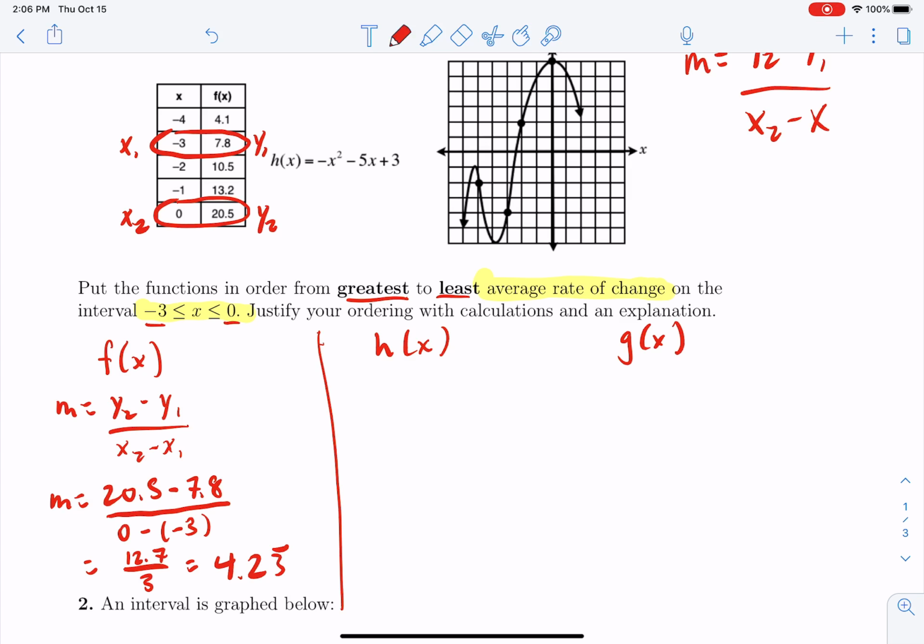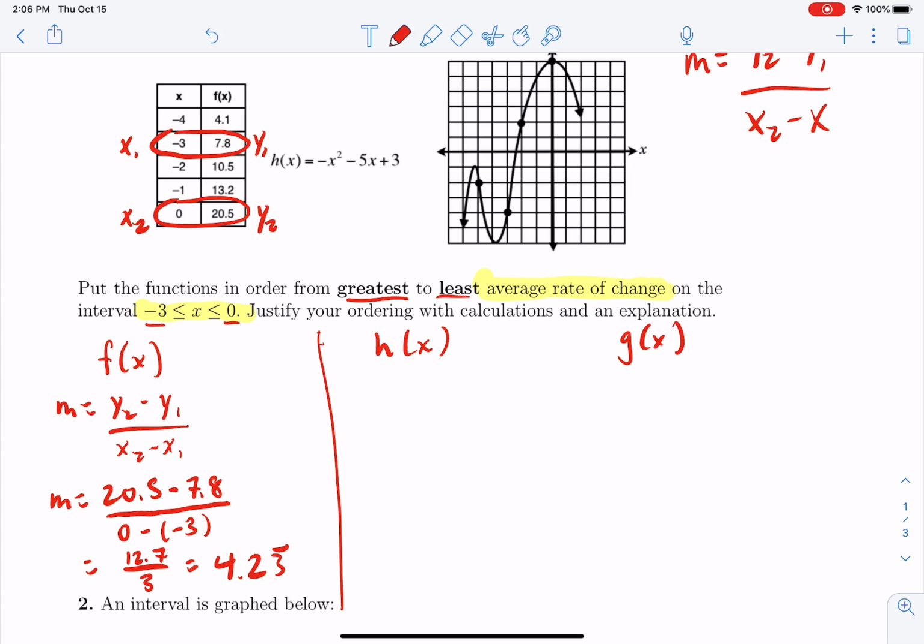My change in y values, 1, 2, 3, 4, 5, 6, 7, 8, 9, 10, is 10. My change in x values, or my run, is 3. So 10 divided by 3 is going to be 3.3 repeating.